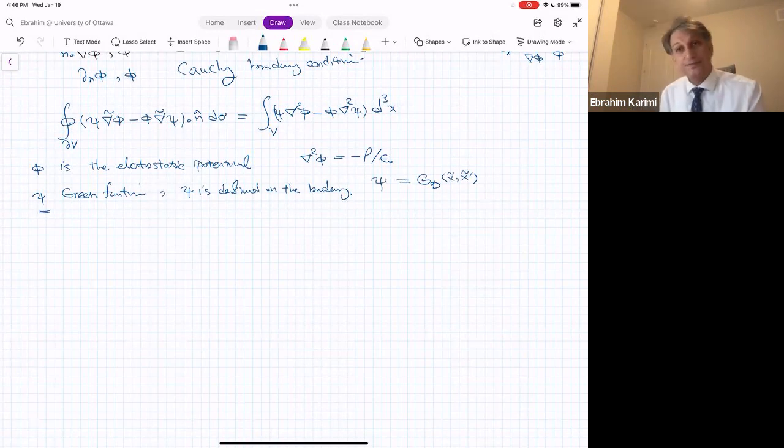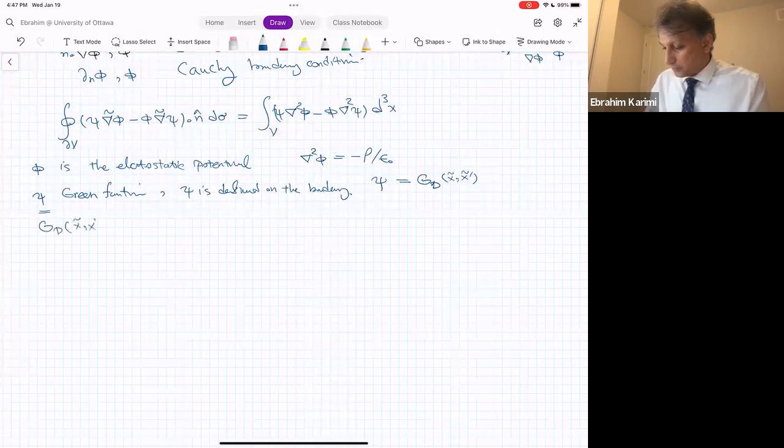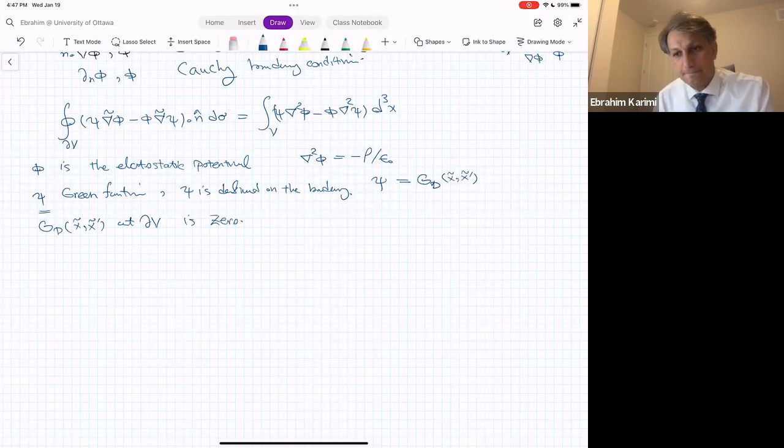This is my psi. And what is happening with the psi at the boundary is 0. G of x and x prime at the boundary is 0. Okay, clear?